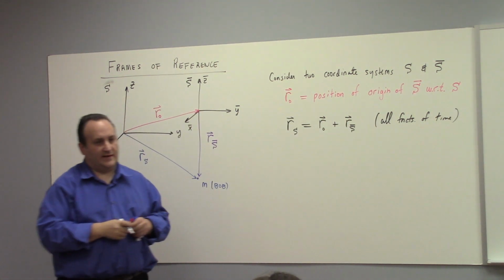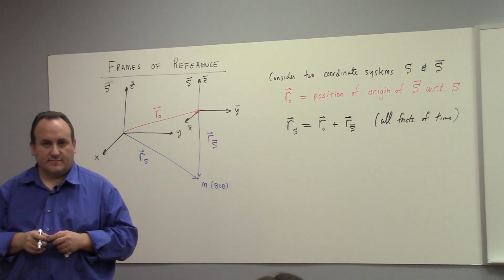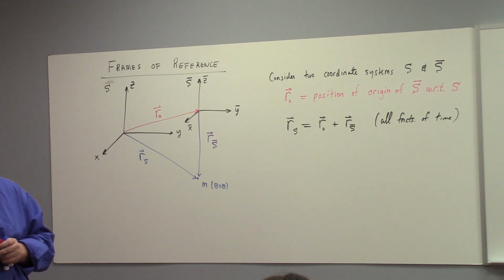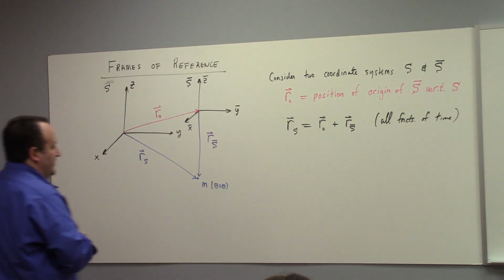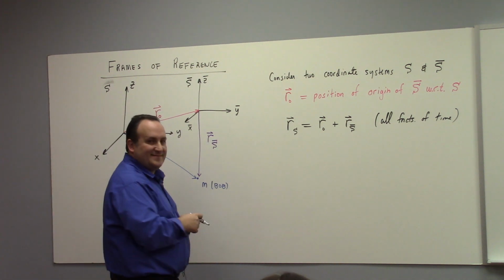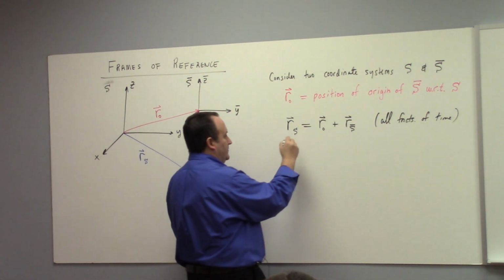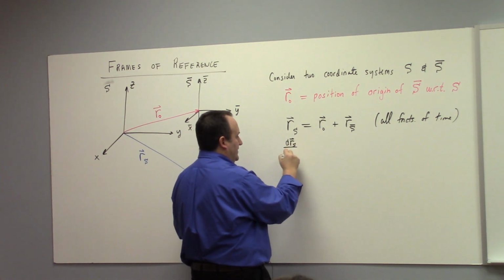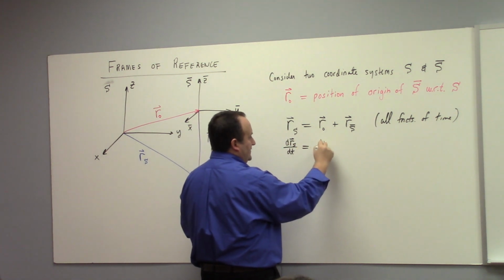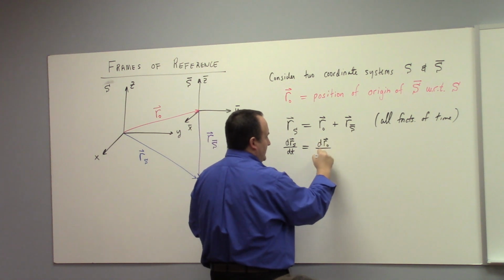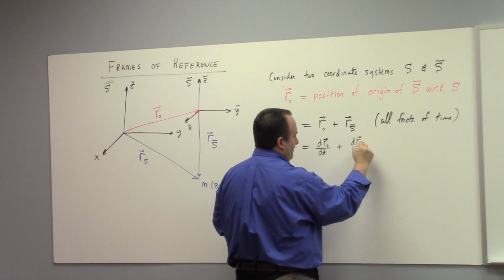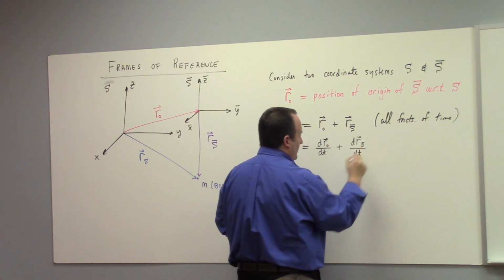What can you do to functions of time? How about we differentiate them? What happens when we take the derivative of the position? So we get dr sub s dt equals dr sub naught dt plus dr sub s bar dt.